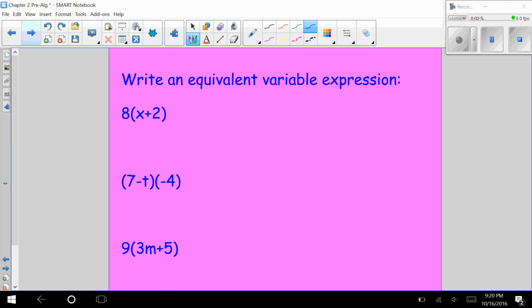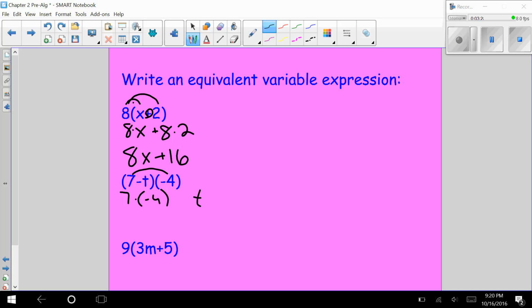Let's write an equivalent variable expression for each of these. I'm going to take my 8 times my x. I'm going to take my 8 times my 2. There's a plus in the middle, so a plus goes in between the two. 8 times x, we just write as 8x, plus 8 times 2 is 16. There's my simplified version. For the next one, I take my 7 times my negative 4.